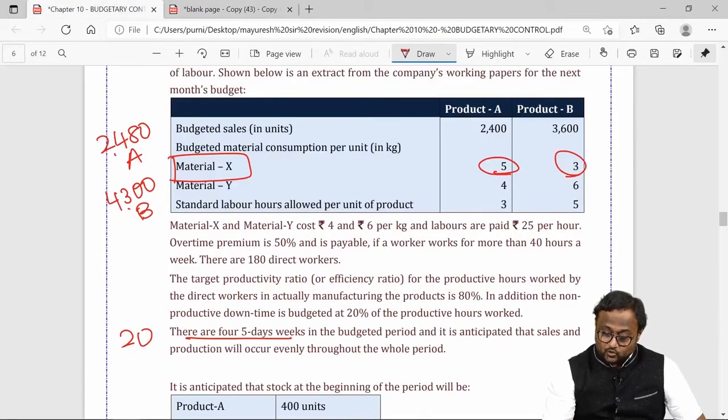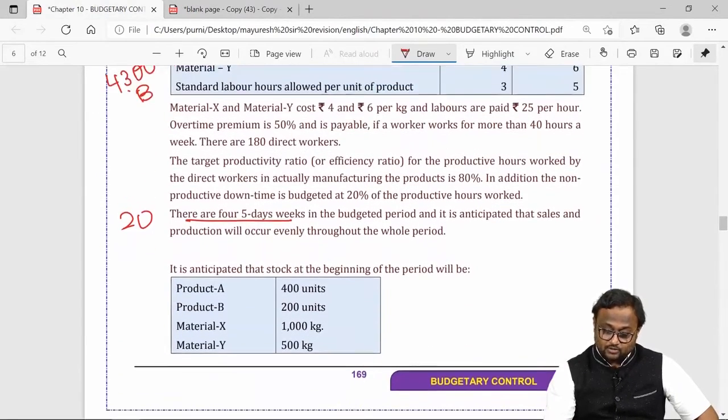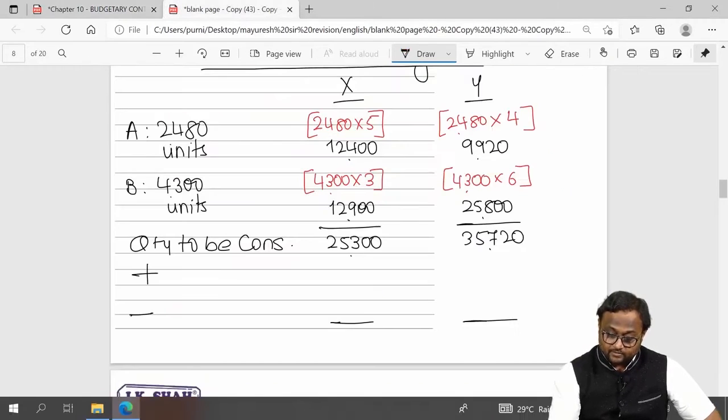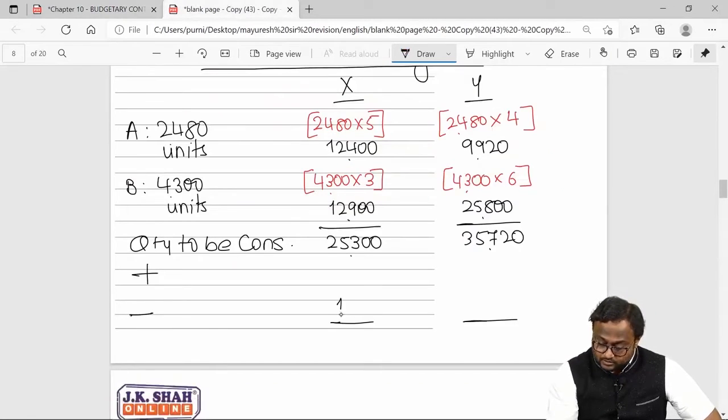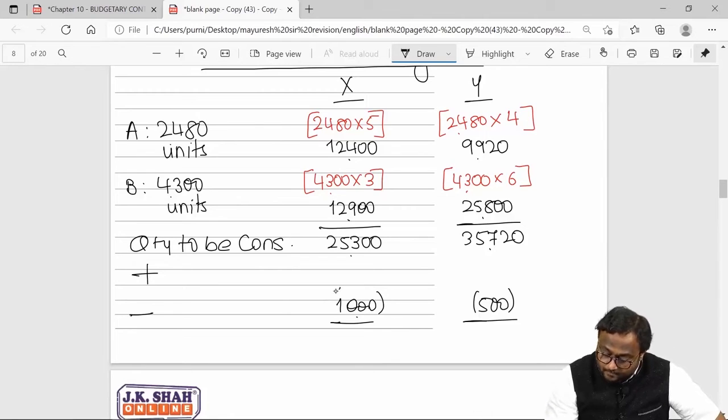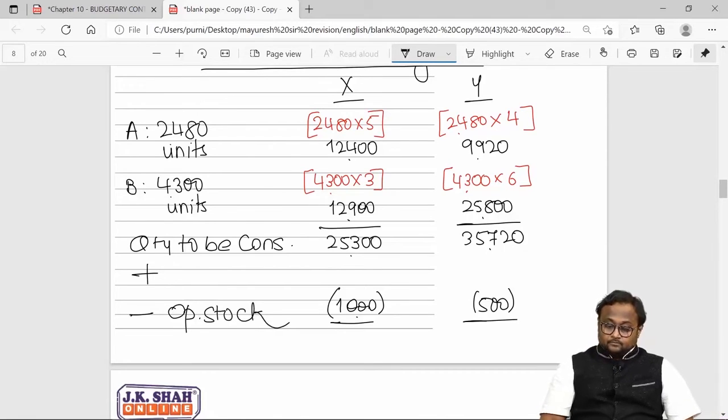Now, as far as closing stock and opening stock is concerned, opening stock is available 1,500. Okay, this is 1,000 and 500. Correct?